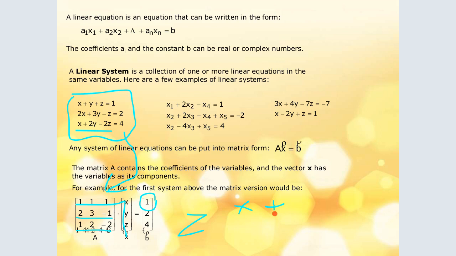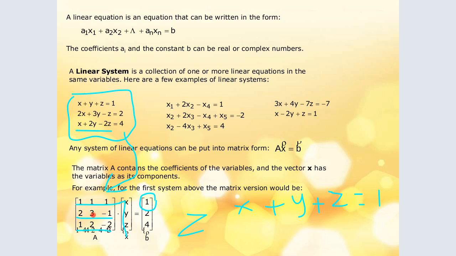The second one is 1 times y, which gives us y. Then we add them. This is 1 times z, so it gives us z. And this is going to be equal to 1. So this is the same as the equation we have at this point.